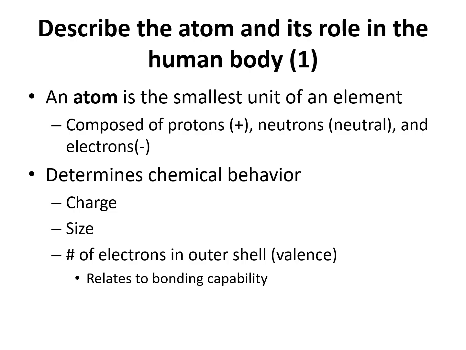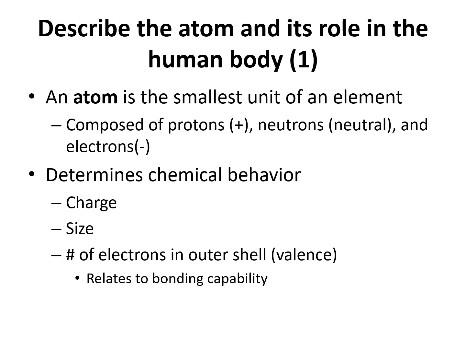So the number of protons, neutrons, and electrons that an atom has determines a couple of different things. It's going to determine the charge of the atom. Most atoms are neutral in charge because they have the same number of protons as they do electrons, so the opposite charges cancel each other out mathematically.